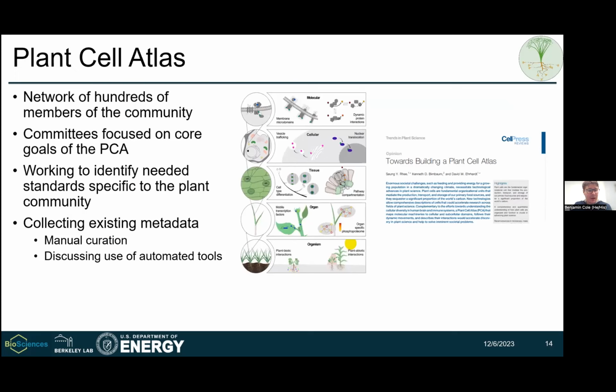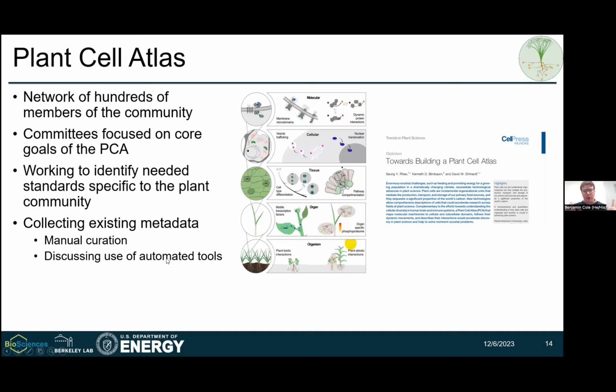And then at the Plant Cell Atlas, we've been thinking about a lot of this and are very much interested in working with the AgBioData working group to bring a lot of these ideas to the community. The PCA is, for those of you not familiar, a network of hundreds of members of the plant community, and we are organized into subcommittees focused on specific aspects of the PCA.